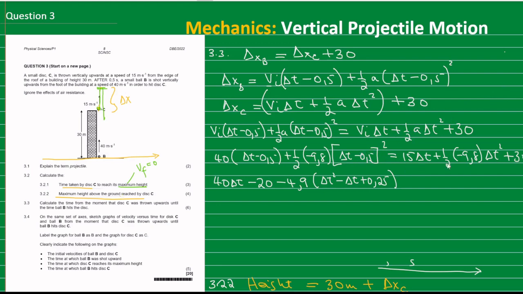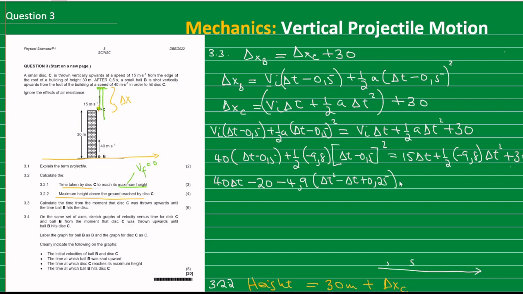minus 0.5 squared, which is delta t like that, okay, minus 0.5. So square there, and then let's multiply further.